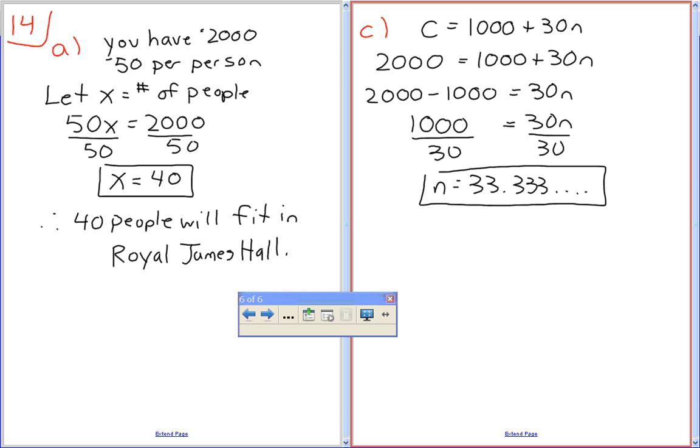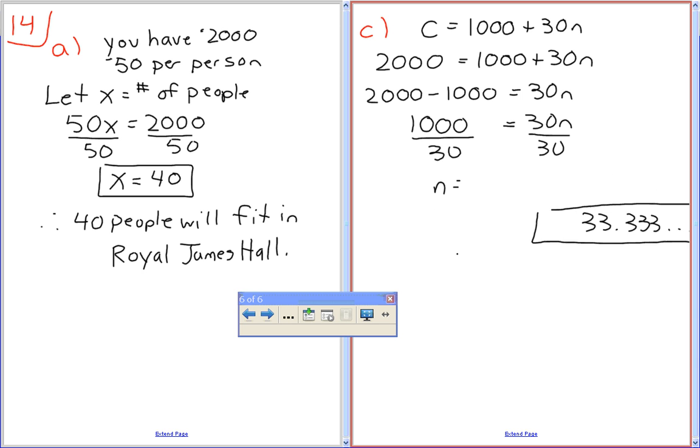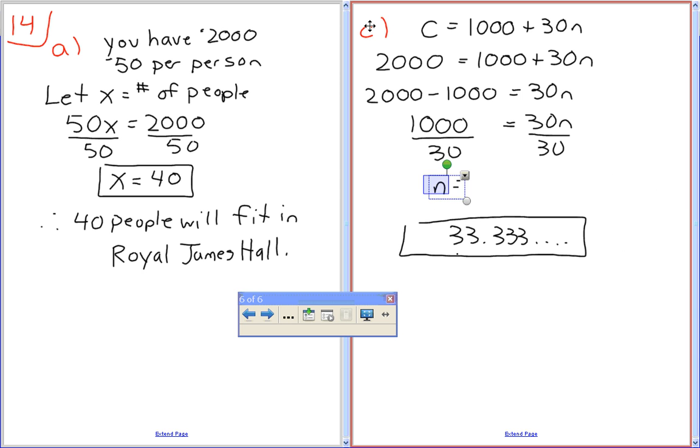Oh, yes. Shouldn't the n always stay on the same side? Yes and no. If we do the equation as, okay, you can just take that n and move it like this.